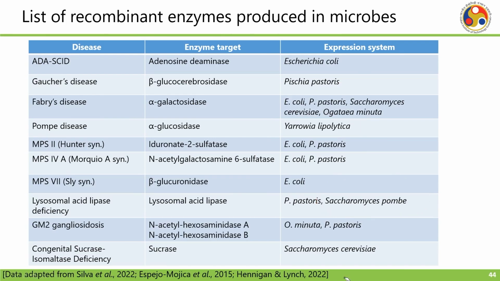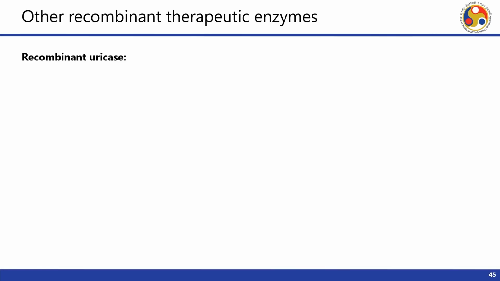And then we have various different enzyme targets. For example, we have adenosine deaminase against ADA-SCID. Then in Gaucher's disease we have beta glucocerebrosidase. In Fabry's disease we have alpha galactosidase. In Pompe's disease we have alpha glucosidase, and so on.